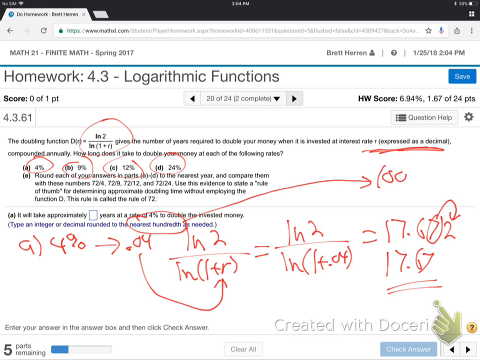This rule is called the rule of 72. You guys ever heard of the rule of 72? Going into business? It's kind of a famous rule among investors.